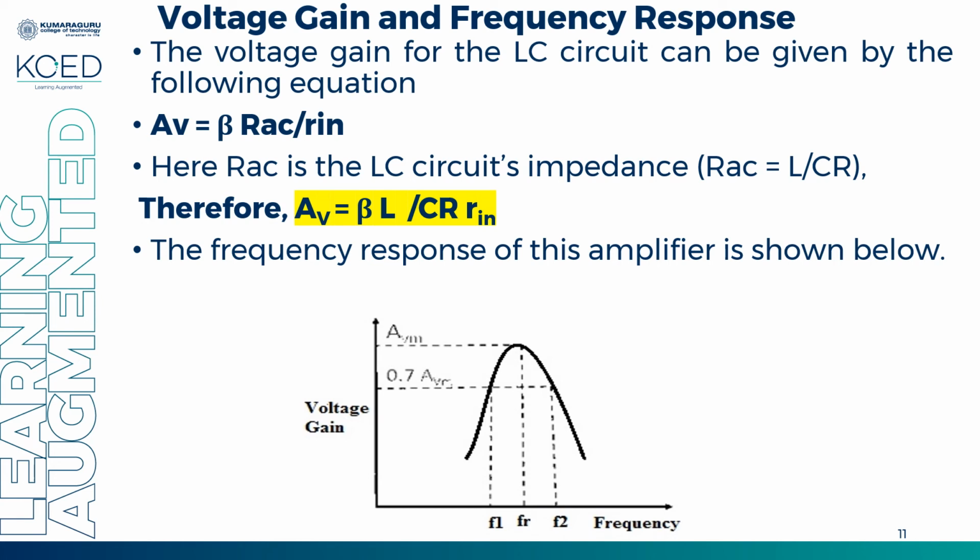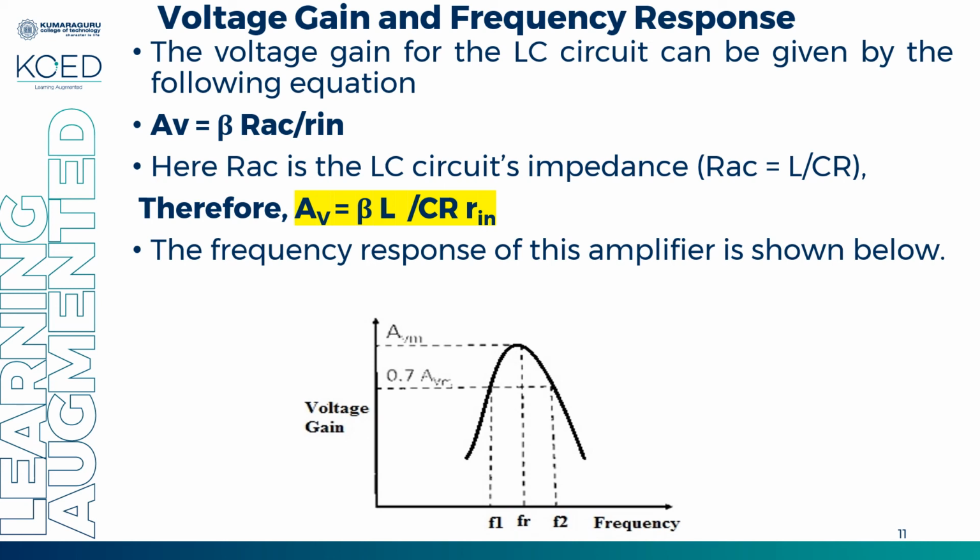Here RAC is nothing but L divided by C into R. So replacing this RAC in the first equation, I can get the value of the voltage gain in the circuit, right? So your AV will be equal to beta into L divided by C into R, into R input value, that is the input resistance value you're going to calculate.